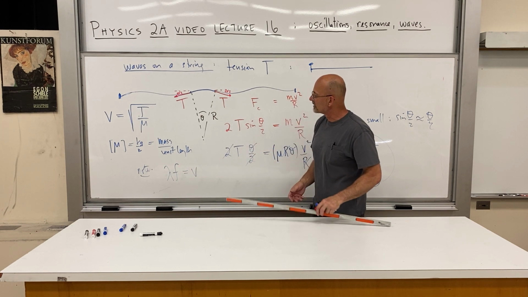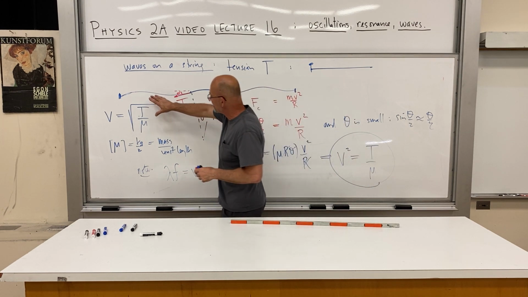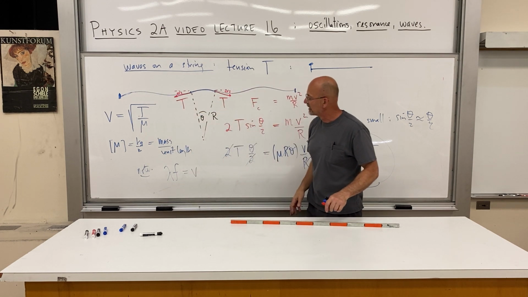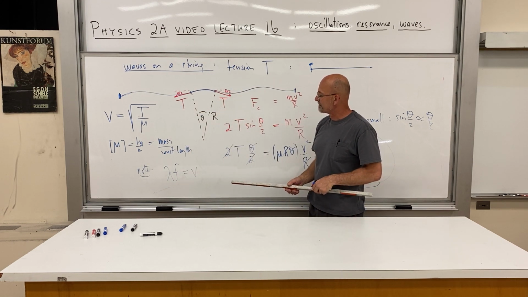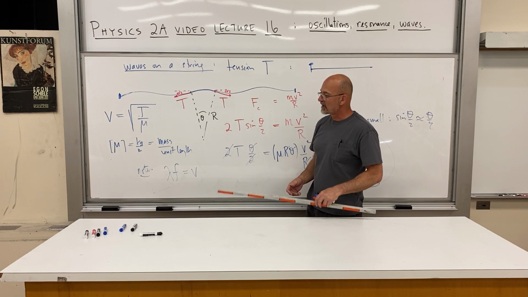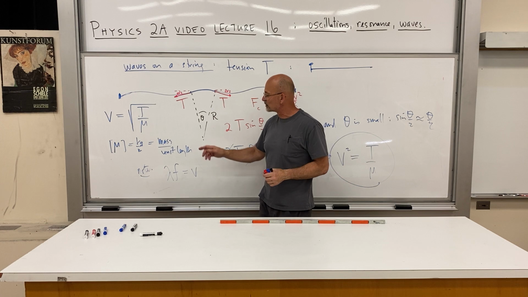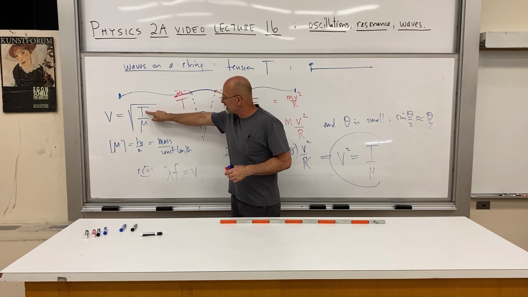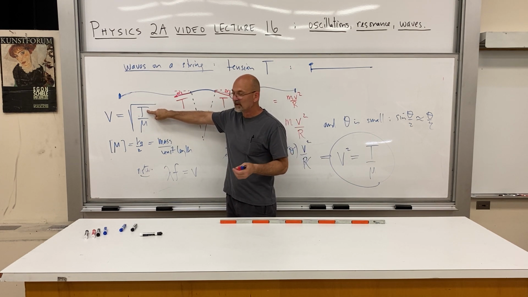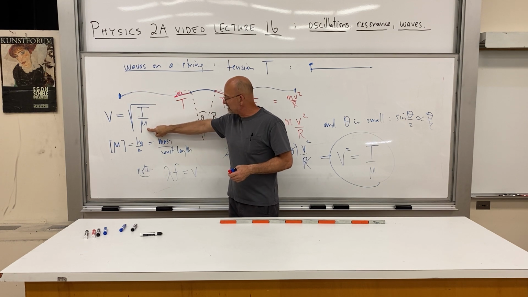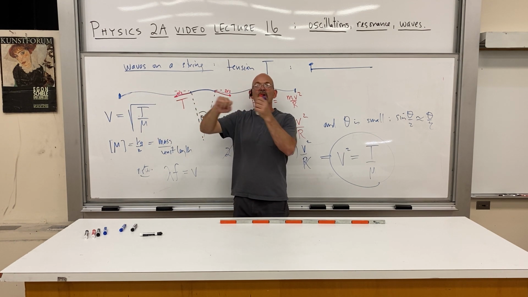So there are a lot of good and interesting applications of this formula. It makes sense. With my rubber band demo, I don't think the camera picked it up, but when I stretch the rubber band, I'm actually increasing T, and I'm decreasing mu at the same time because I'm stretching it out.